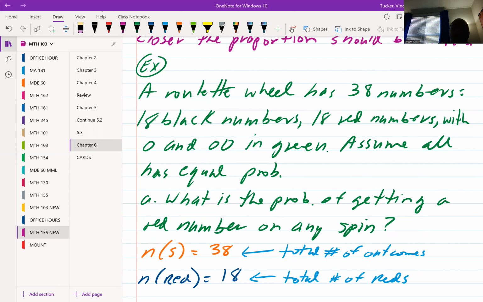And then the total number of reds. We want to know the probability of getting a red number on any spin. So the total number of red numbers will be 18.